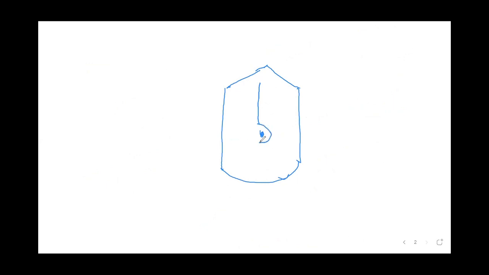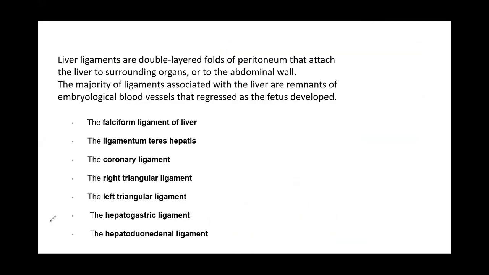You skirt it around the umbilicus, okay, to the left side of the umbilicus, not to the right side. And I asked our residents, why do we normally skirt our incision to the left side of the umbilicus and not to the right side? If you figure that out, you will tell me. And if you don't tell me the answer correctly, I will not tell you. Go and find out. So, the various ligaments of the liver.